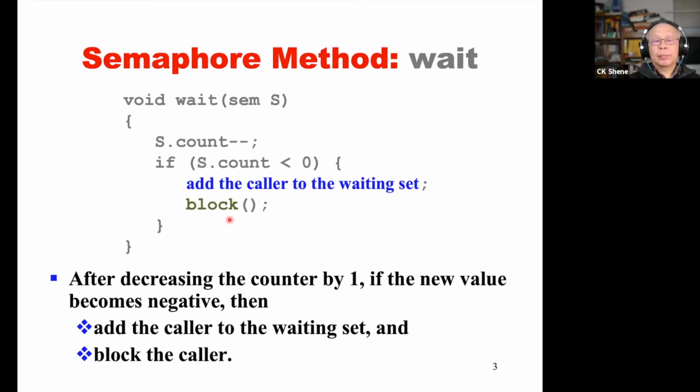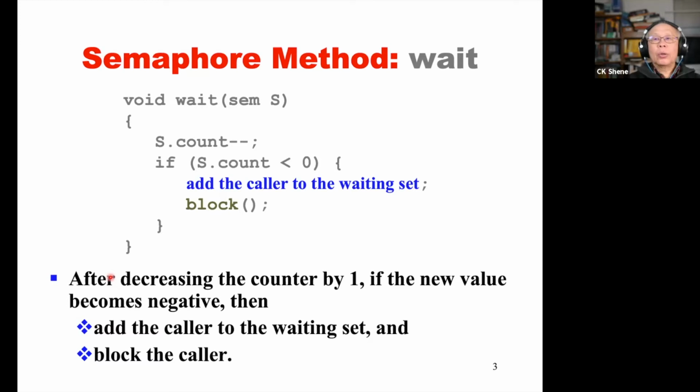On the other hand, if the caller finds out after subtracting 1 from the count that the new count value is not less than 0, the caller will return. So a caller to the wait method could be blocked. If it is blocked, it would be in the waiting set. And of course, the other way around would be a caller will not be blocked. We'll see an example later on. So always remember this.